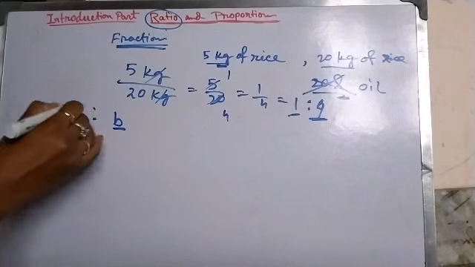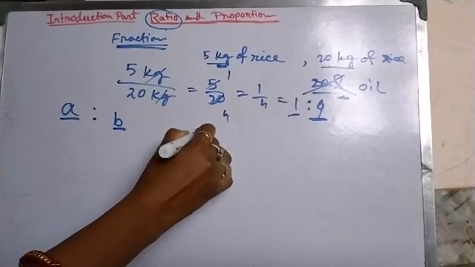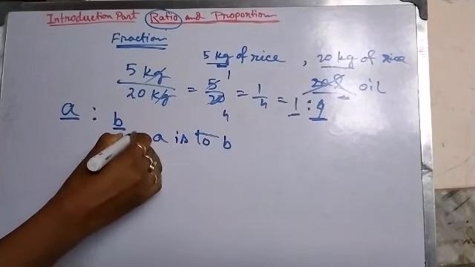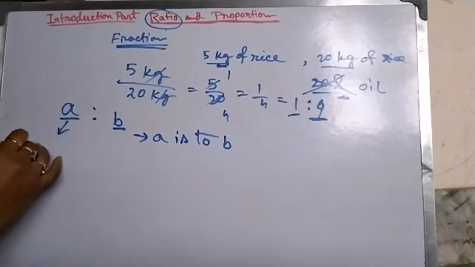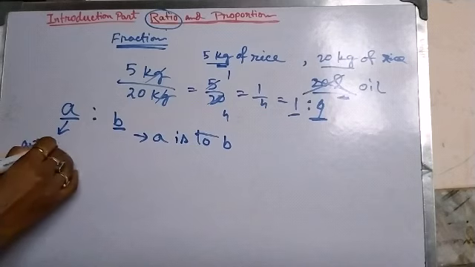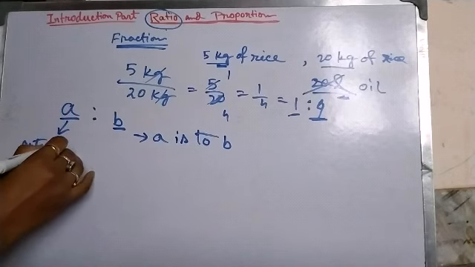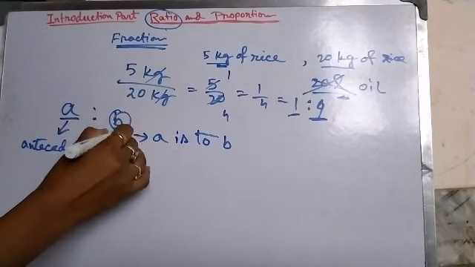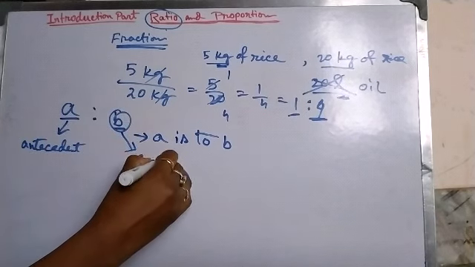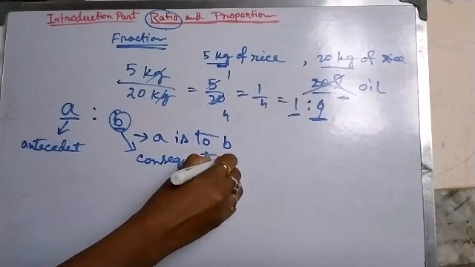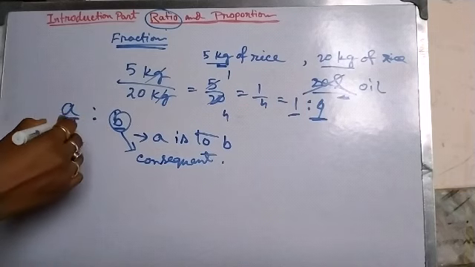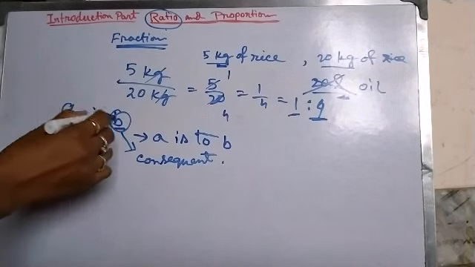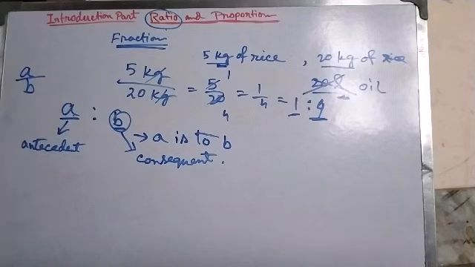This is read as A is to B. The first term is called the antecedent, and this is the consequent. So I have written this in ratio form, A is to B, and we can write it as A by B, because fraction and ratio both are related.